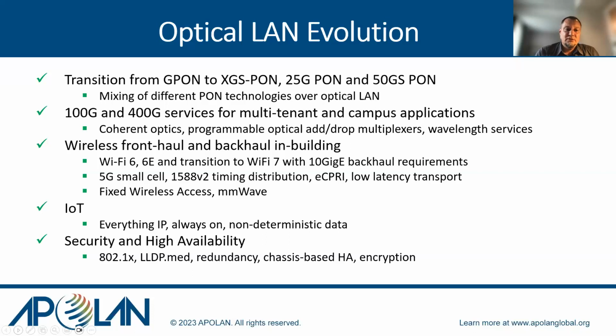Internet of Things is emerging everywhere, so it's all IP, always on, with non-deterministic data requirements. And not to forget that security and high availability are having more and more importance in this world, and some of the enterprise features are definitely requested for optical LAN, like 802.1x, LLDP-MED, redundancy, chassis-based redundancy, and encryption.